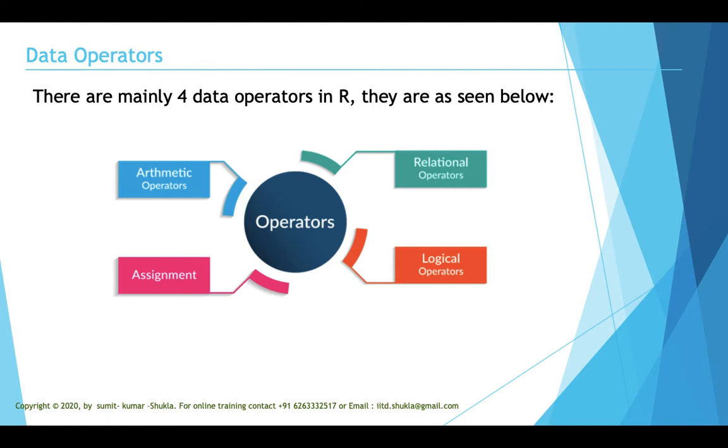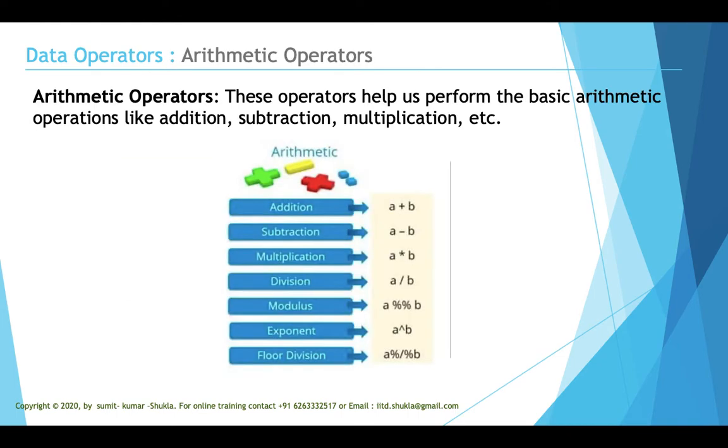There is one special operator too. Let's see what these operators are. Arithmetic operators, as the name suggests, help you perform basic arithmetic operations like addition, subtraction, multiplication, division, and so on. These are very easy concepts.